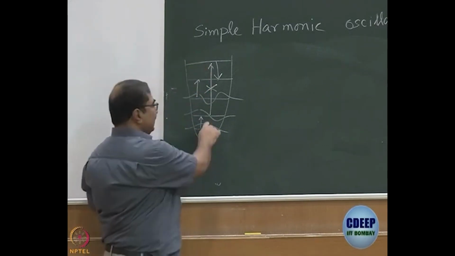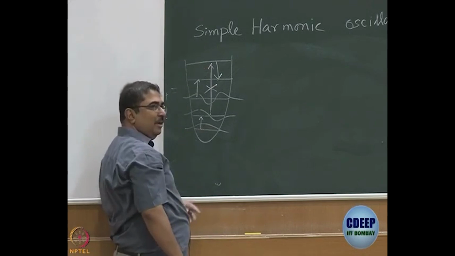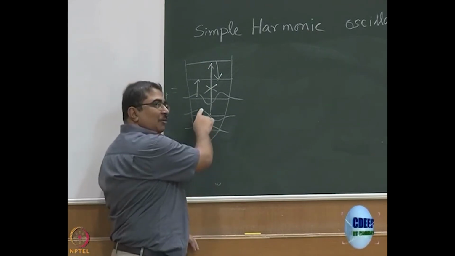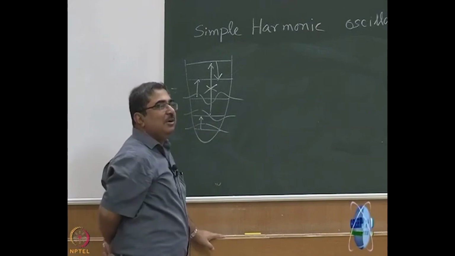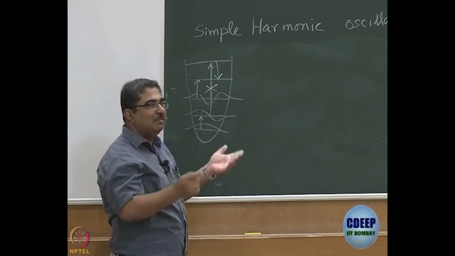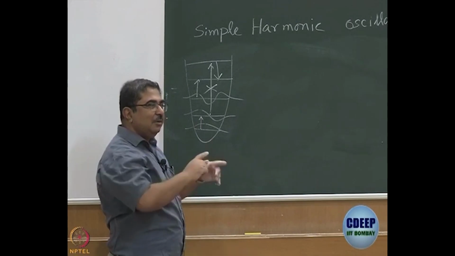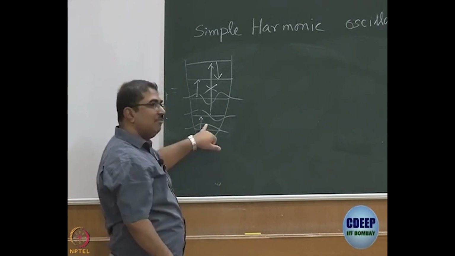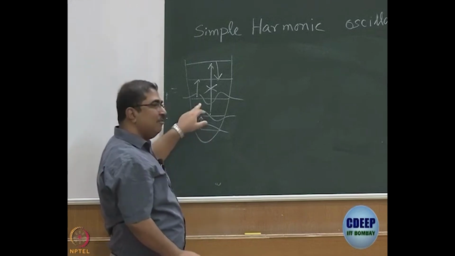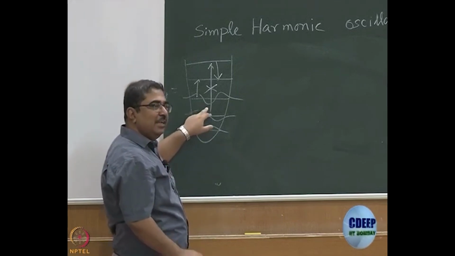Now, if you take this and this, what will happen? This is an even function, this is an odd function. What about the dipole moment, even or odd? Definitely odd, right. If you change x, mu becomes minus mu. So now if I take a product of one wave function, another wave function and the dipole moment, if one wave function is odd and one is even, then what will I have?